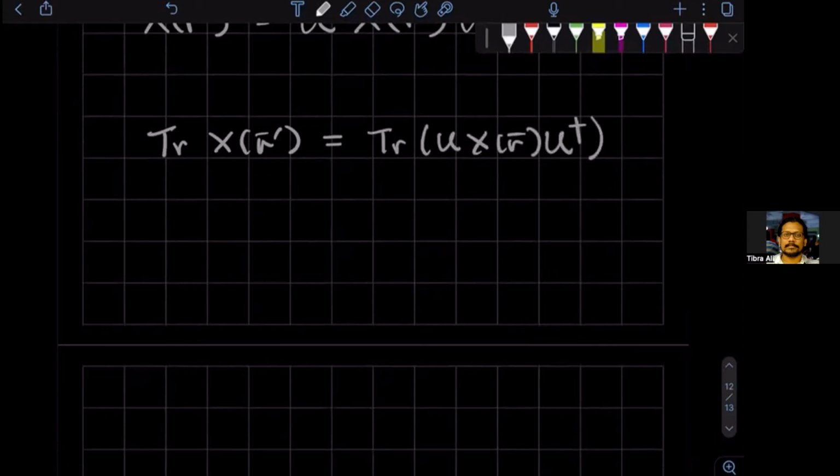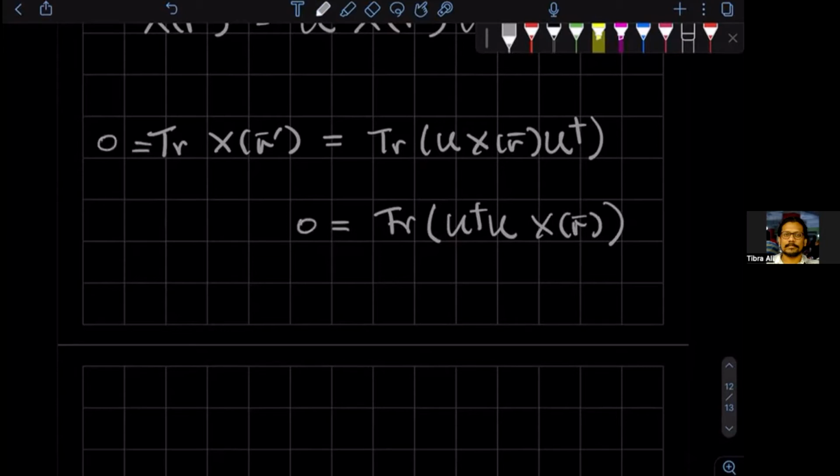Now if I use the cyclic property of trace, I get trace of U dagger U X of R. So, this is traceless.